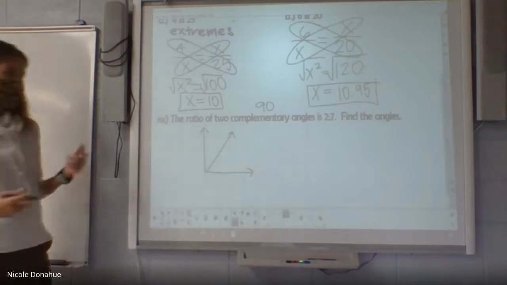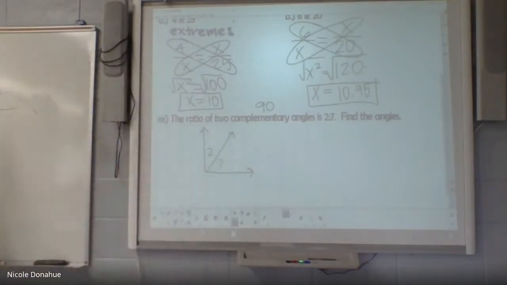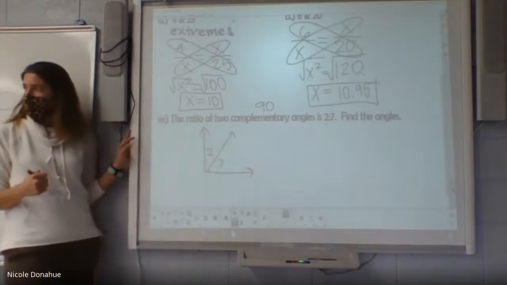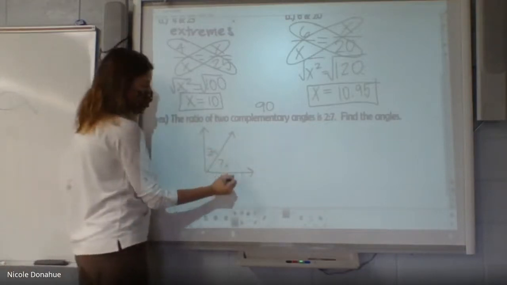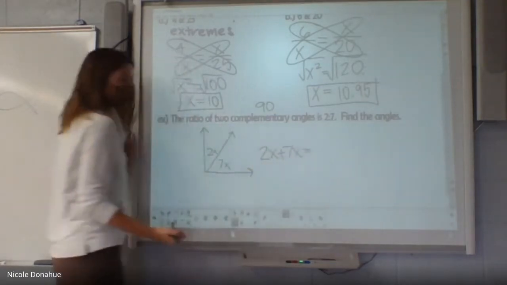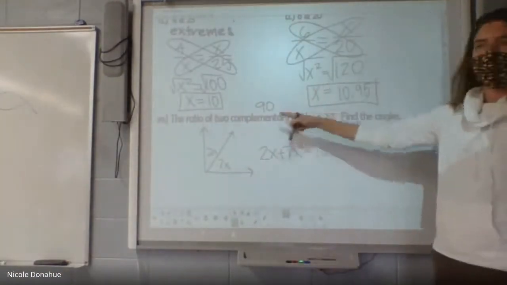So complementary angles, we have 2 and we have 7. Obviously, that's not the angle measure. This is the ratio. What are we going to do with the 2 and 7? Put an X with them, yeah. So 2X and 7X should add up to what? Should add up to 90 because they're complementary.